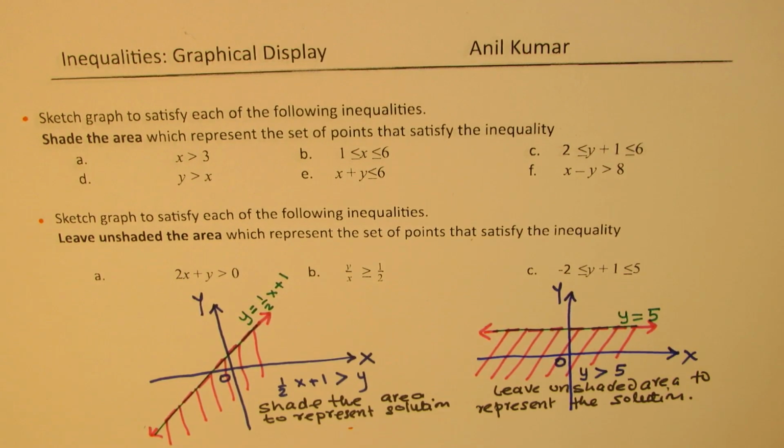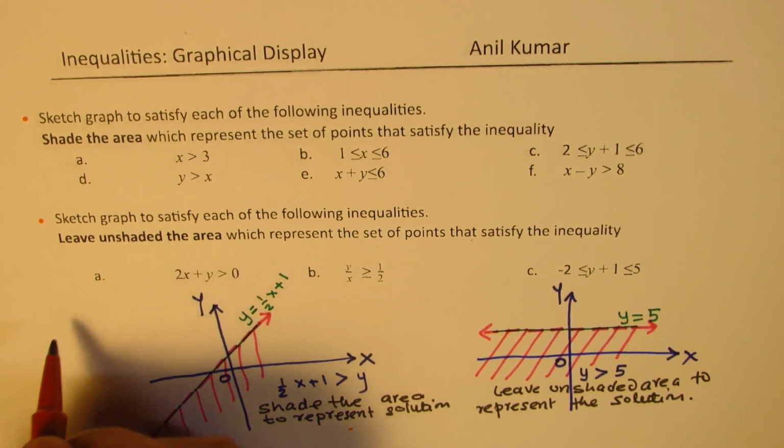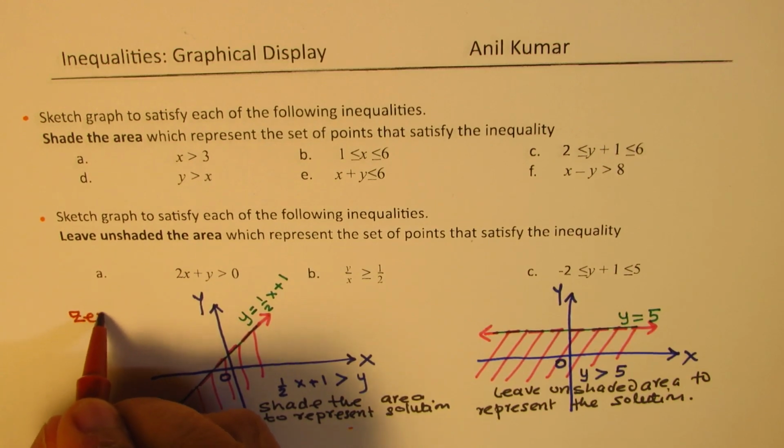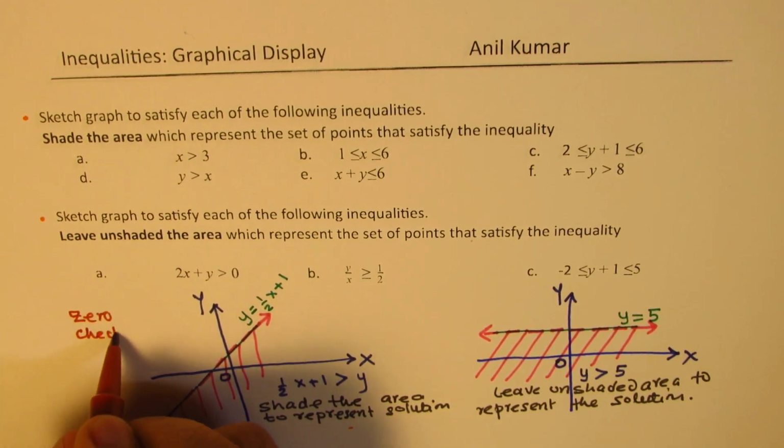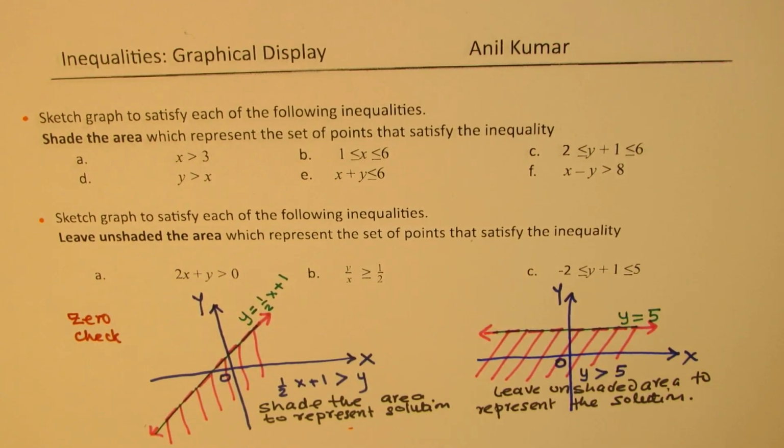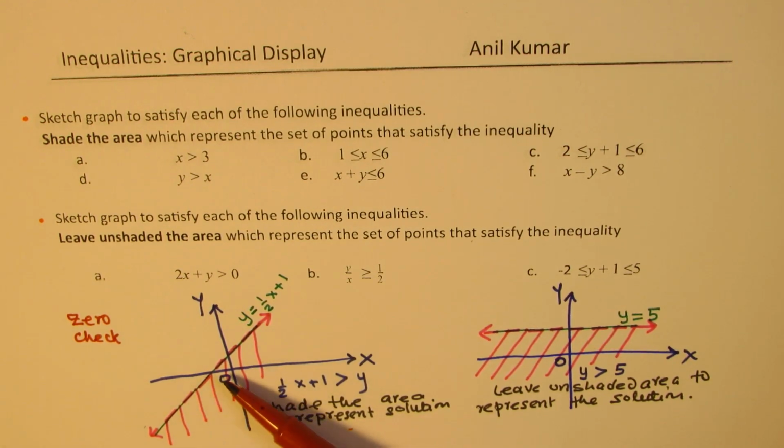Now, whenever you provide a solution, you can have a checkpoint, right? Which we refer to as a zero check. What is zero check? In this particular case, 0, the origin, is in the solution, right?